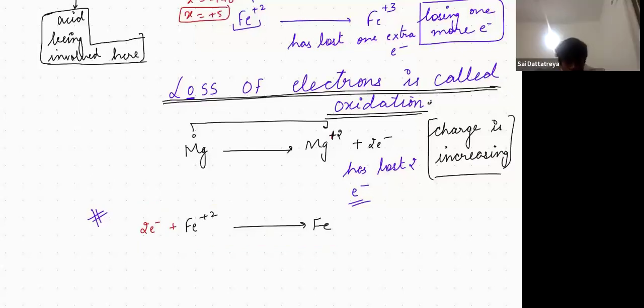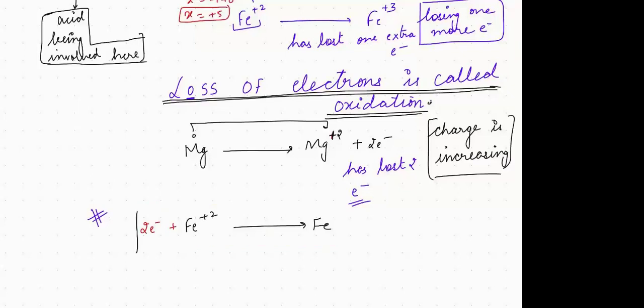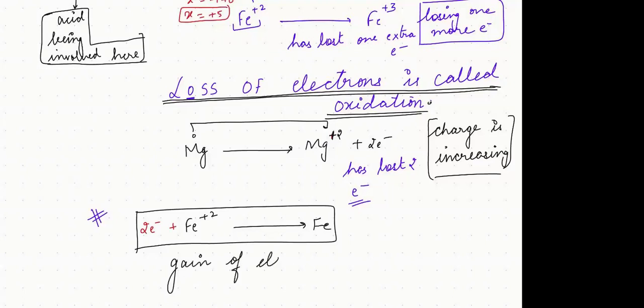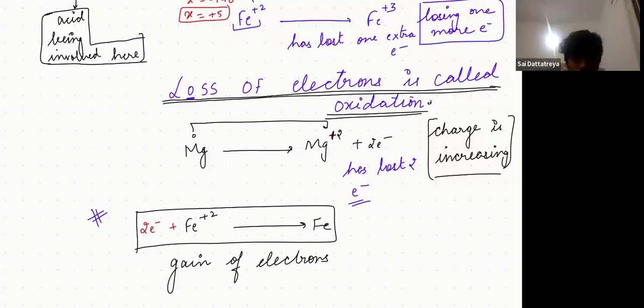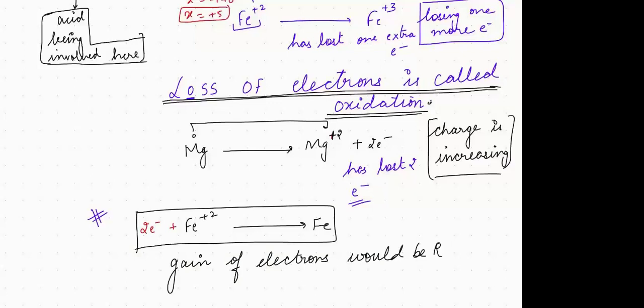So what exactly does that mean? If loss of electrons is oxidation, gain of electrons would be reduction.